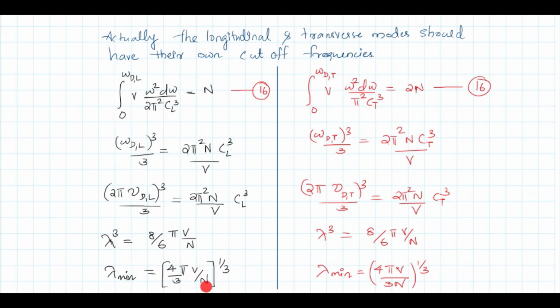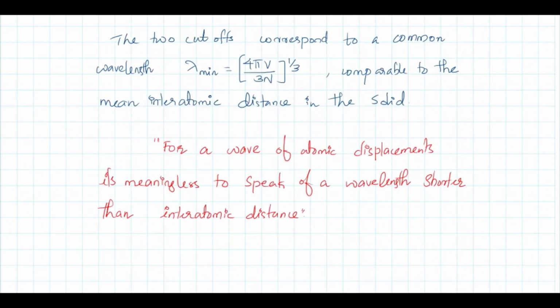So the cutoff wavelength is comparable to the mean interatomic distance in the solid. For a wave of atomic displacements, it is meaningless to speak of a wavelength shorter than interatomic distance. That is why this cutoff wavelength is like this: lambda minimum equal to 4 pi v divided by 3n whole raised to 1 by 3.